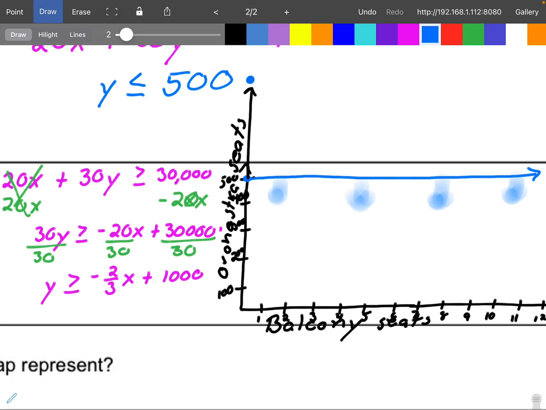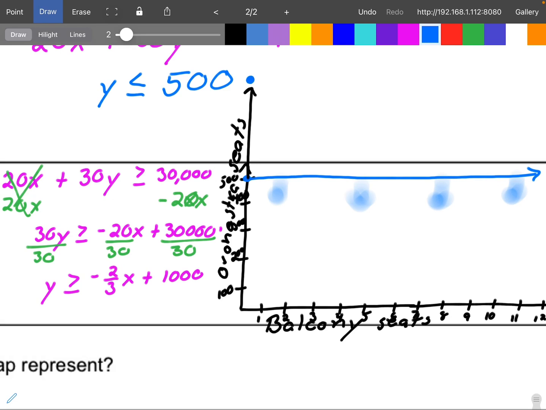So from 1,000, I'm going to go down 200, right 300. Down 200, right 300.